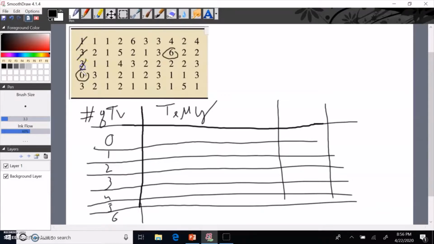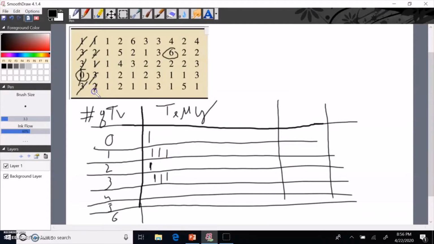1, 3, 3. It's a 0, 3. It's a 1, 2, 1. It's a 1, 2, 2, 1.